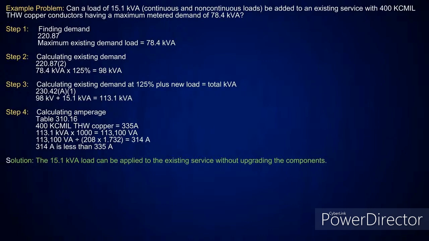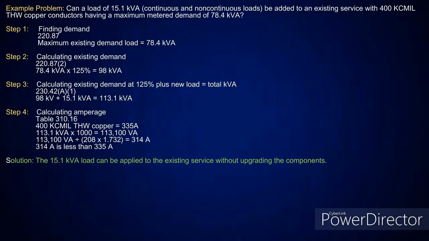Another thing it'll tell you too: the maximum demand at 125% plus the new load does not exceed the capacity of the feeder or rating of the service. So let's look at the maximum demand. I have to take that maximum demand, which is 78.4 amps at 125% per 220.87, which will give me 98 kVA. Then I'm going to add the 15.1 kVA to that. That's going to give me 113.1.